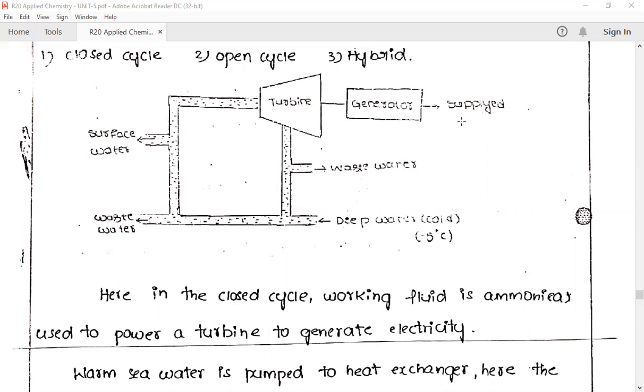The fluid vapor condenses back into liquid by cold deep sea water, which is pumped through the condenser. This is the condenser. The fluid is then recycled through the system using a pump.